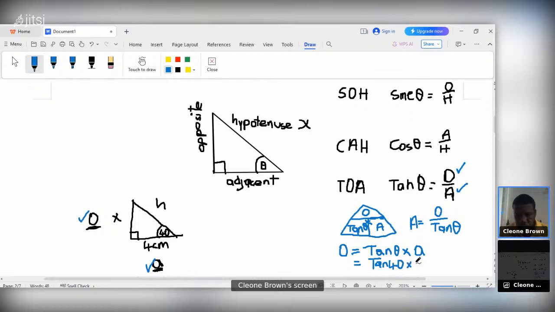You can work that out in your calculator. Just put in 4 times tan 40, and see what answer you come up with, and send a text with your answer in the chat.